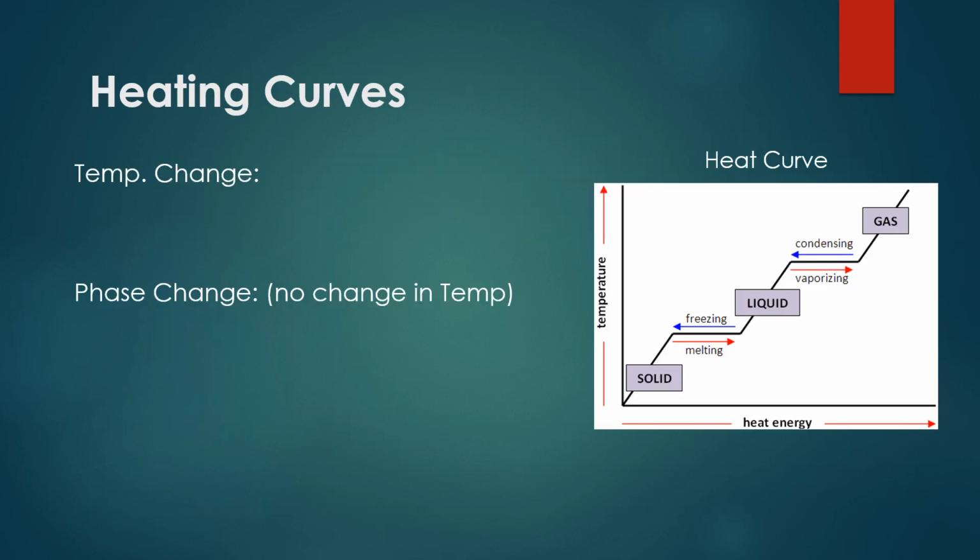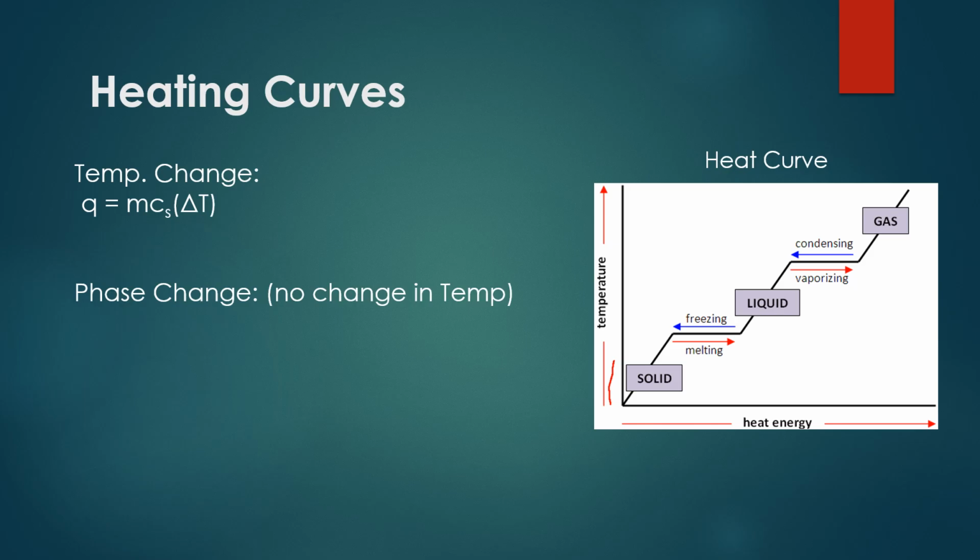So we use heating curves to describe what is happening to a substance, not only as the temperature changes, which you can see along the y-axis, but also what's happening to the change in phases. As you can see, we have a solid phase, a liquid phase, and a gas phase labeled on this heating curve. So when there is a temperature change, we are going to see that represented by these slanted lines that we have here.